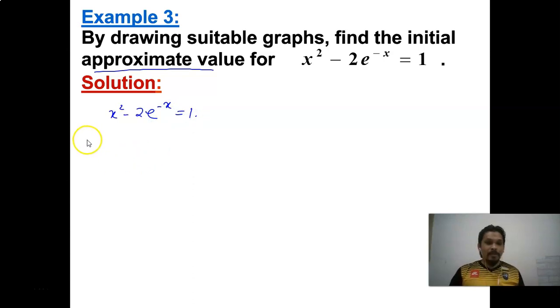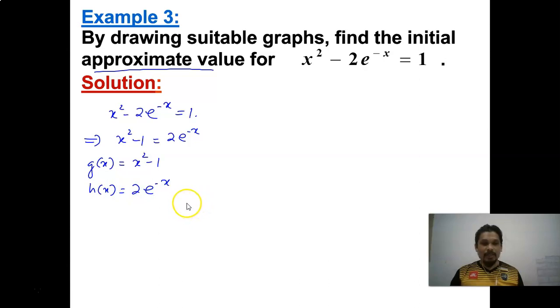So we bring this to the left side: x squared minus 1 equal to 2e power of negative x. So we come up with g(x) equal to x squared minus 1 and h(x) equal to 2e power of negative x.